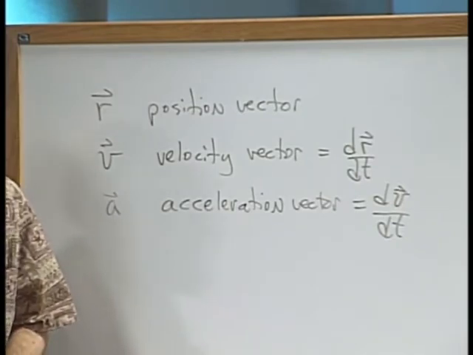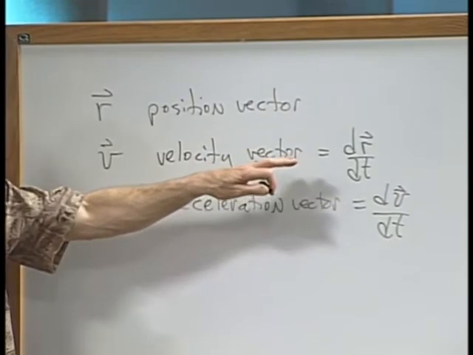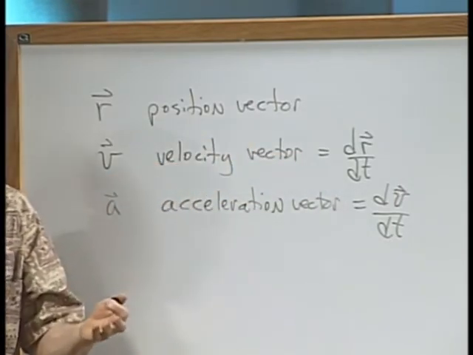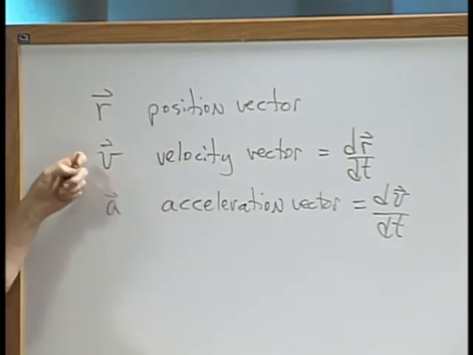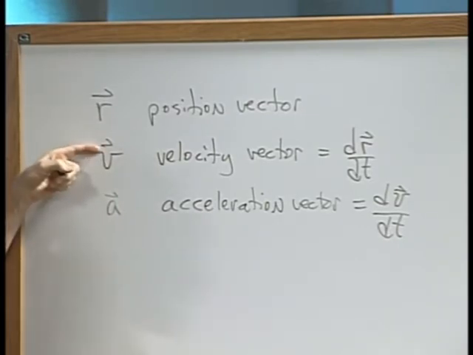Okay? Now, you can contrast these vector equations with the scalar equations that we looked at also last week, where this would be our speed, or speed, we oftentimes call it v without the arrow on it, and it's just got magnitude.